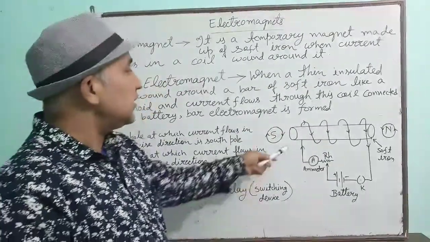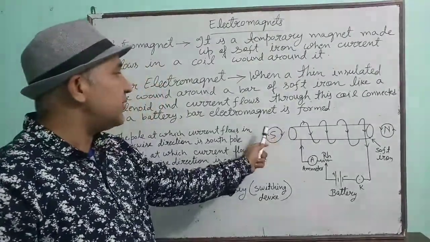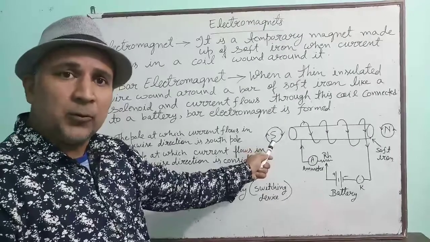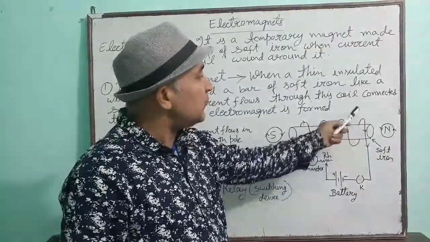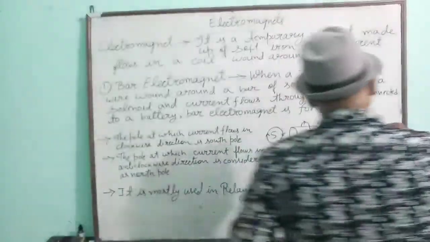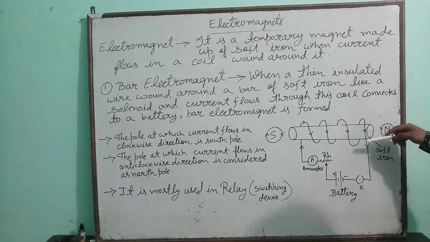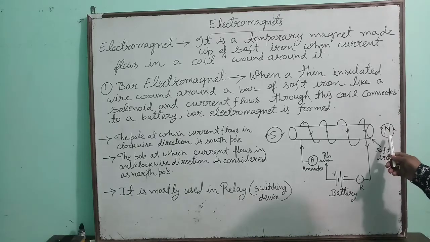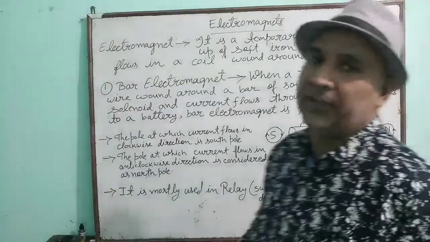In general, if the current flows clockwise, then that end will be considered the south pole. And the end of the bar magnet where current flows anti-clockwise, here you can see, if you stand here, then it will flow anti-clockwise. So if current is flowing in the anti-clockwise direction, then that will be considered the north pole. You have to remember this point.